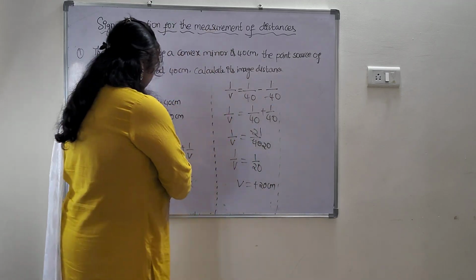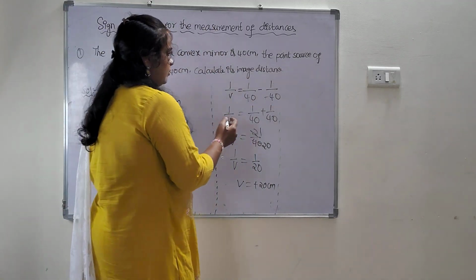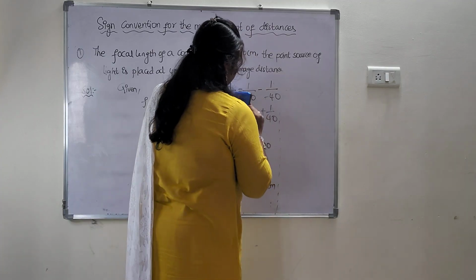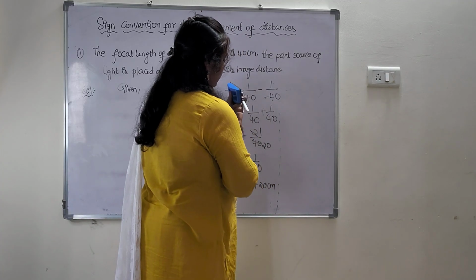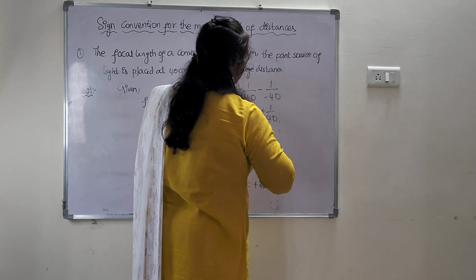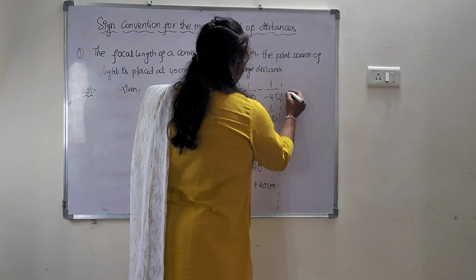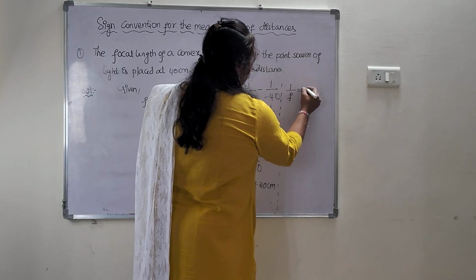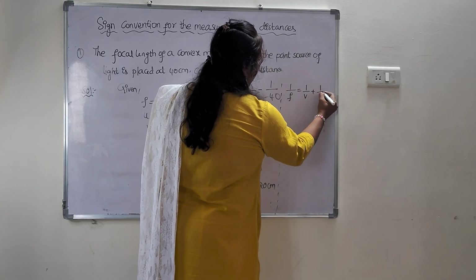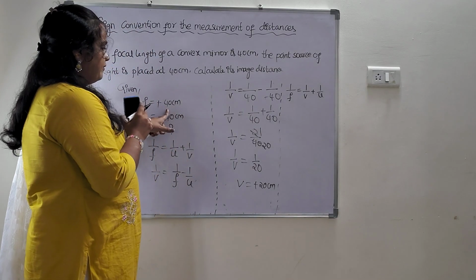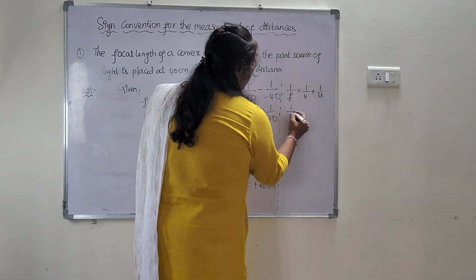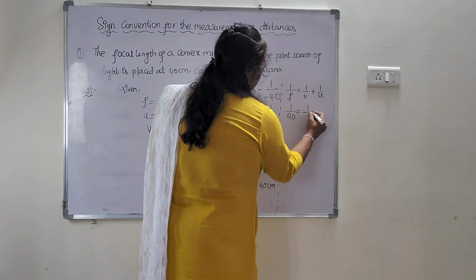So you take this mirror formula: 1 by f is equal to 1 by v plus 1 by u. So what is the f value? 40. 1 by 40 equals to, what is the v value?